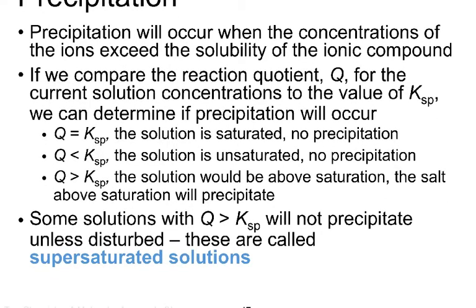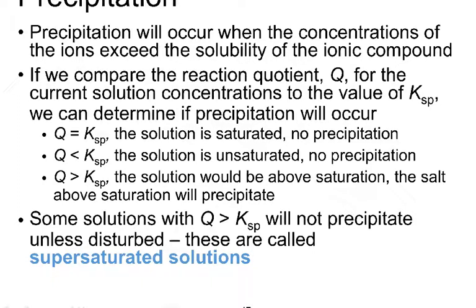We can predict precipitation based on when the concentrations of ions exceed the solubility. So when we exceed our solubility, we will precipitate. We can compare the reaction quotient Q, remember we talked about that way back in chapter 14, to the value of Ksp and determine if precipitation will occur.